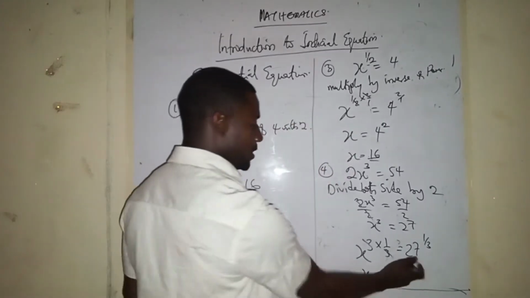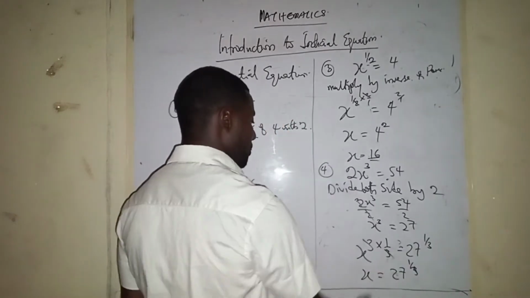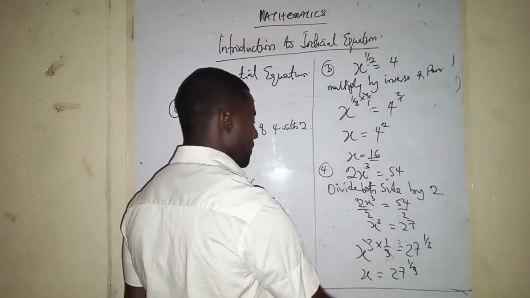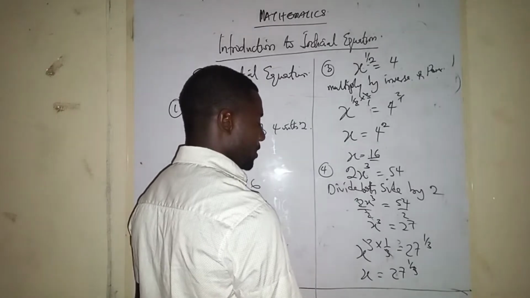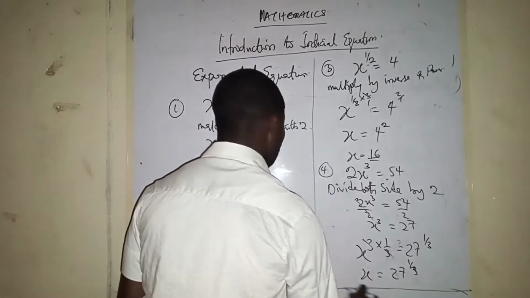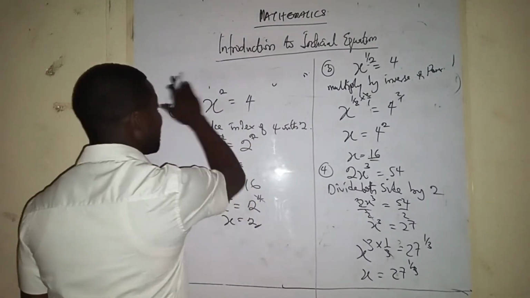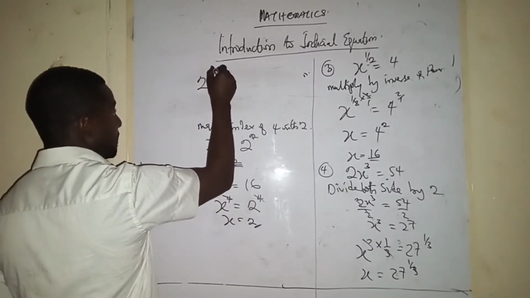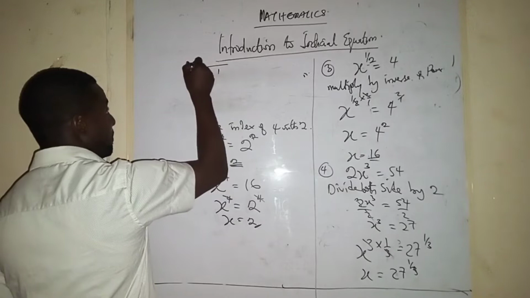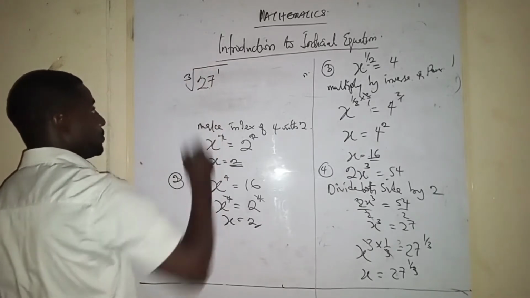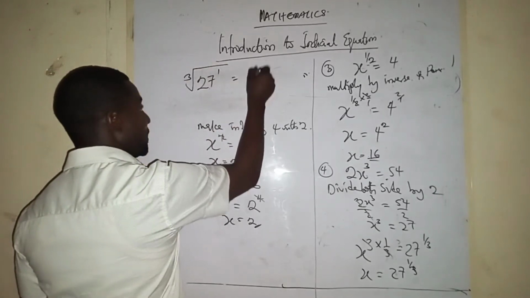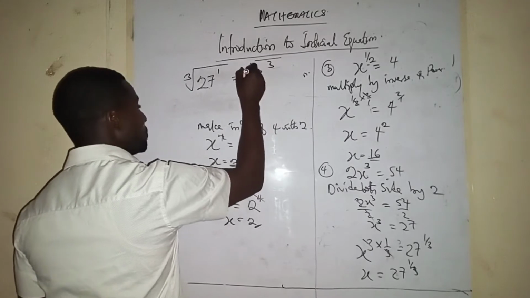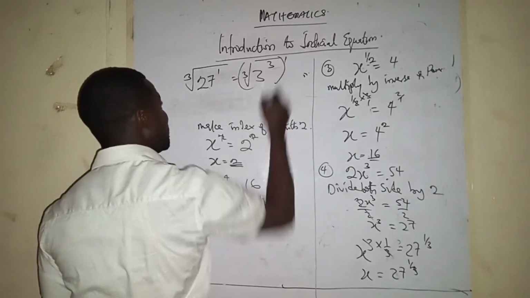We are now on indices again, where we dealt with fractional indices. So in this case, it becomes 27 raised to 1 over 3, which is the cube root of 27, then the 1 outside.